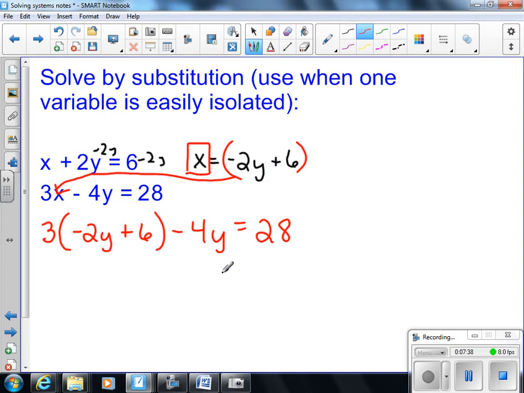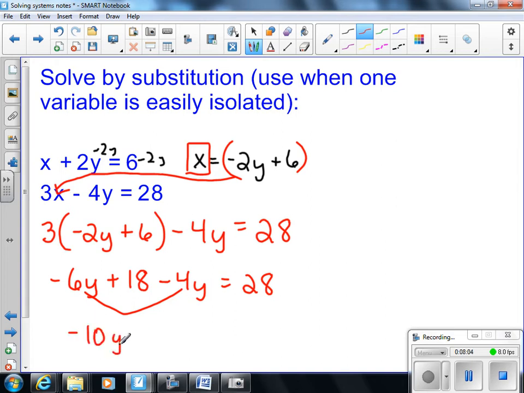Okay, now use your rules of mathematics or algebra. What do I do next? Distribute, and what do I get? Negative 6y plus 18, minus 4y, equals 28. Now what can I do? I can go ahead and combine my like terms. They're on the same side, and what do you get?